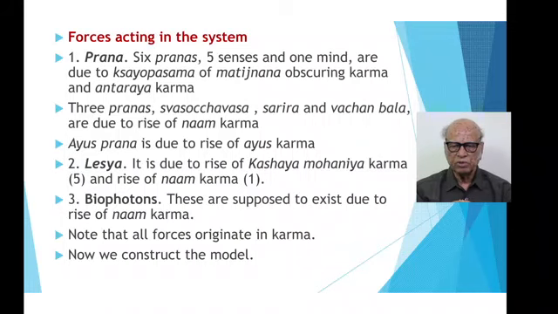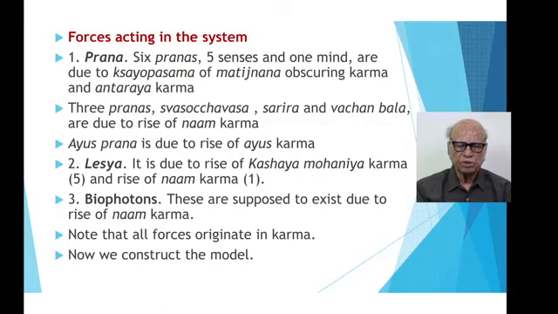So these 6 get their origin from psychical karma, on kshayopasam of mati jnanavaran karma, and antaraya karma. Then there are 3 pranas, swachoswas, sarir prana and vachalban prana, and they exist due to the rise of nam karma, and ayus prana is due to the rise of ayus karma.